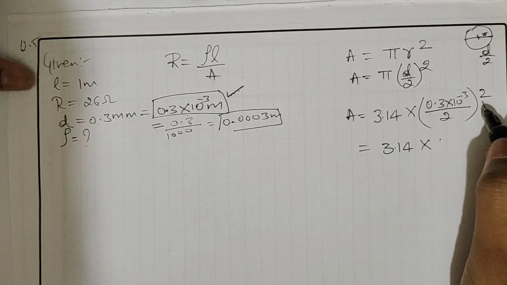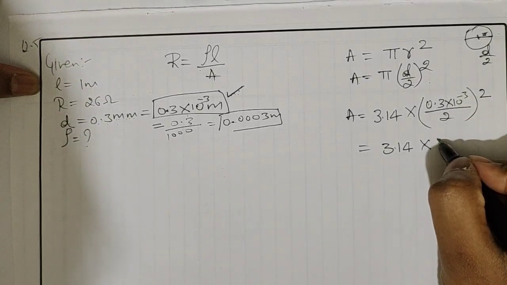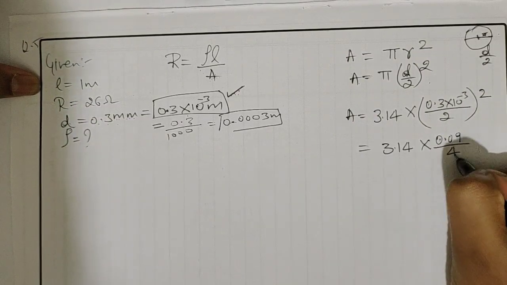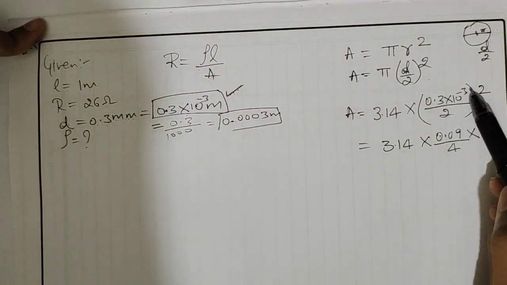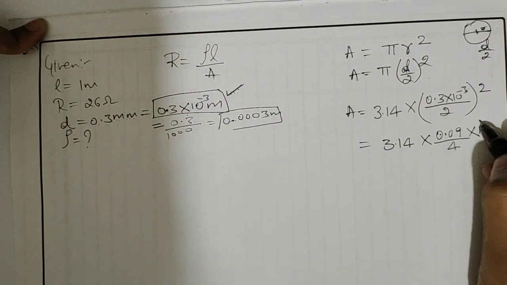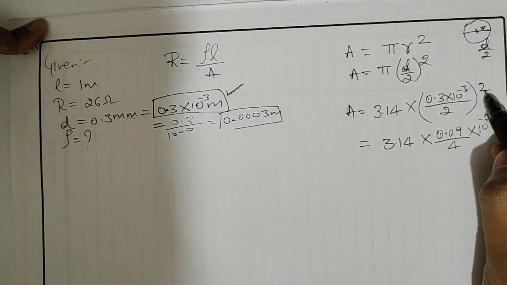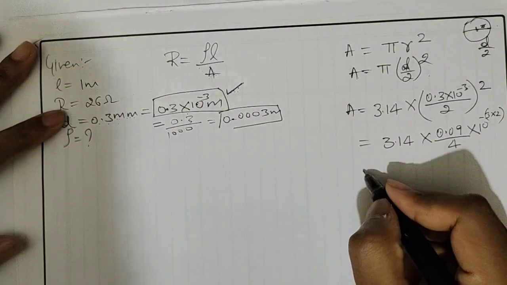So let us take this power outside. First we'll square only these terms. 0.3 into 0.3, how much will we get? That is nothing but 0.09 divided by 2 into 2, 4. Now what about this power? We cannot multiply the power like 3 into 3. So 10 to the power minus 3 into 2, okay, minus 6. These are the mathematics terms which you already learned, how to multiply the exponents and all, right?